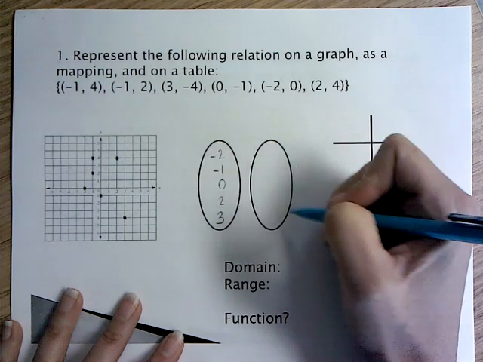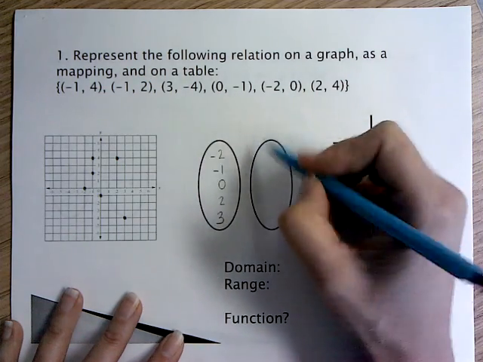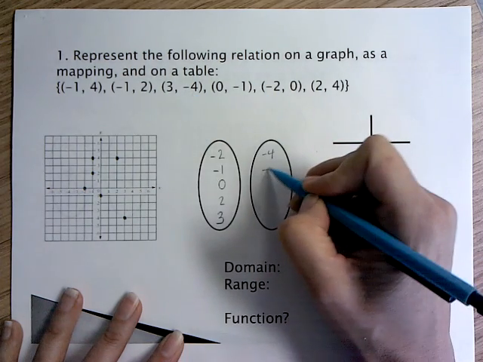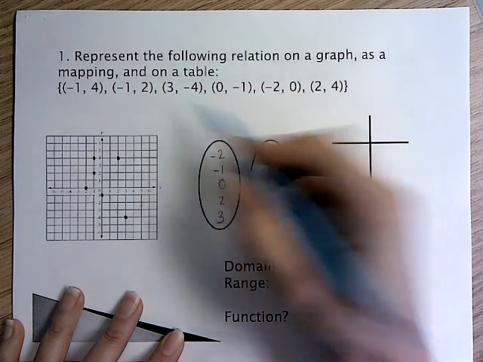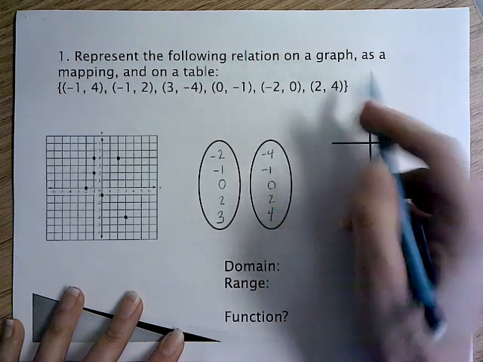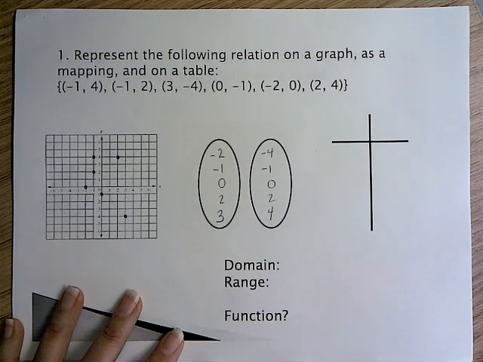The same thing for our range: -4, -1, 0, 2, and 4. It's showing twice here, but I'm only going to put it once. Remember, we don't repeat values in our mappings.